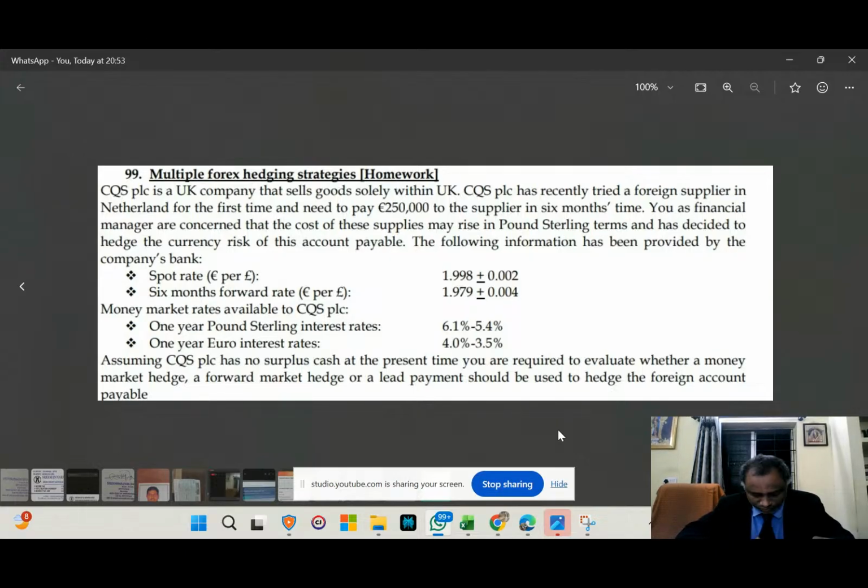Spot rate 1.979 plus or minus 0.004 means the 6 months forward rate.